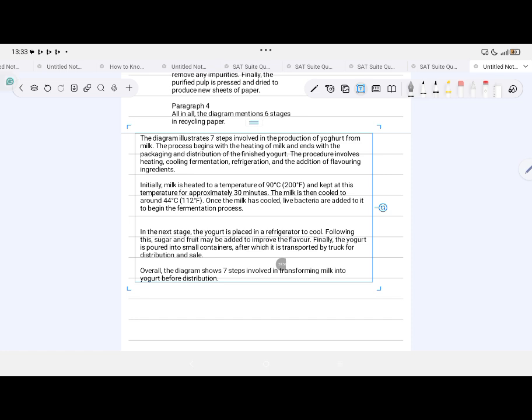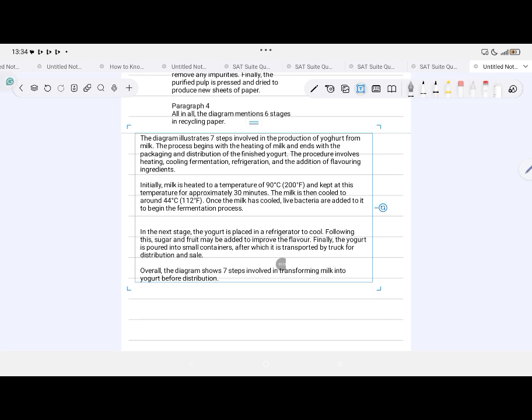Initially, milk is heated to a temperature of 90 degrees Celsius and kept at this temperature for approximately 30 minutes. The milk is then cooled to around 44 degrees Celsius. Once the milk has cooled, live bacteria are added to begin the fermentation process. In the next stage, the yogurt is placed in the refrigerator to cool.